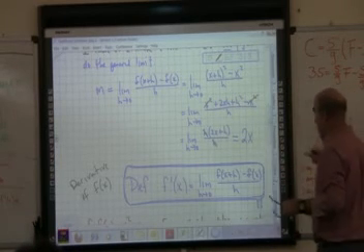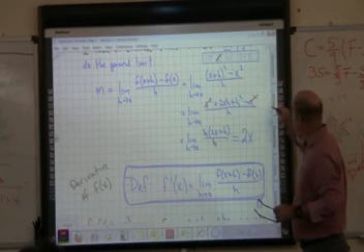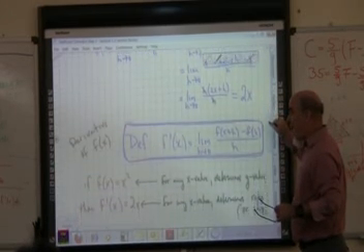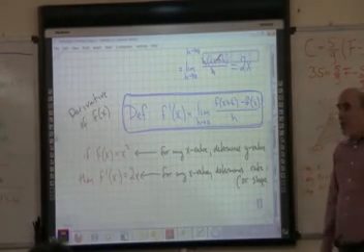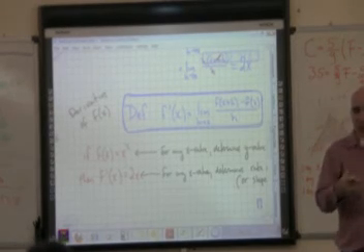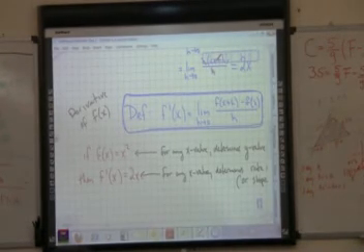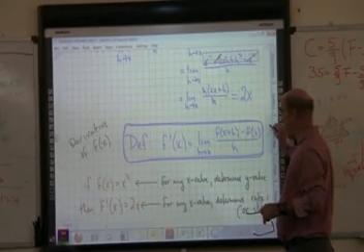So let me finish this specific function off by saying this. We have two functions now. We have f of x is equal to x squared, and that function is my function.